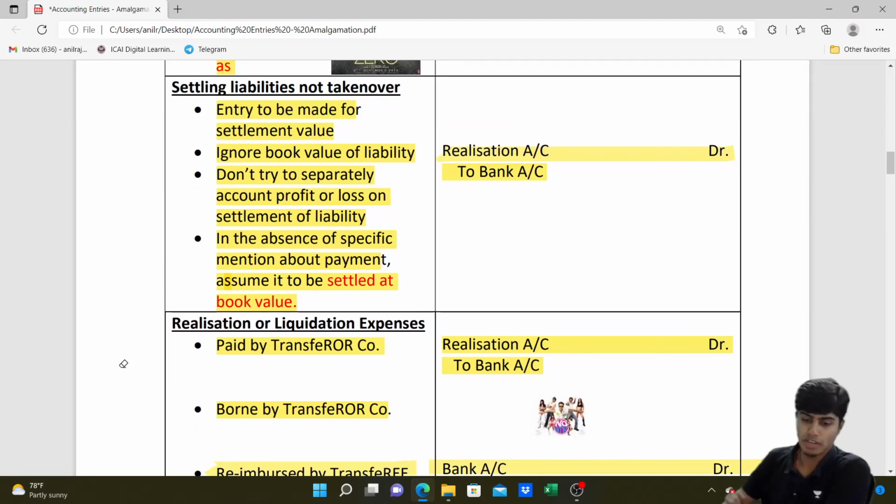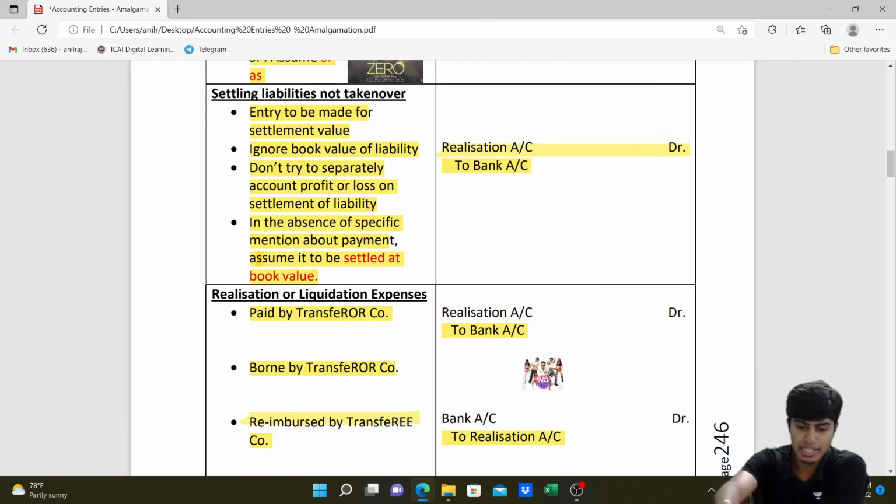Then settlement of liability and realization expense paid by transferor. You can pause and then copy. I'll just give you 10 seconds time so that you can pause if you want or take screenshot. Not like proper copy time.